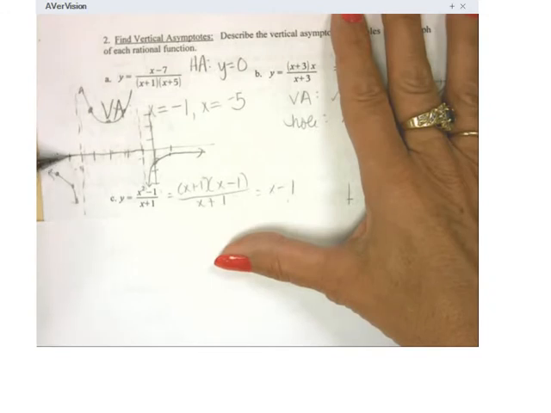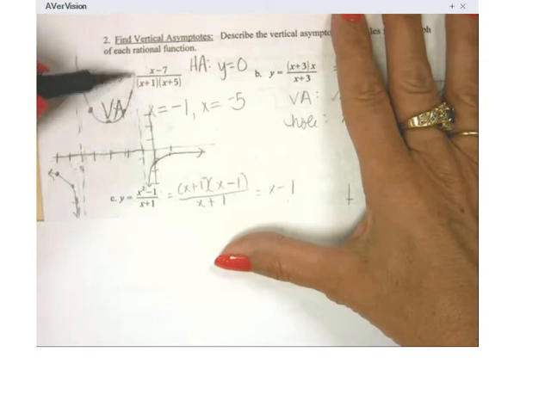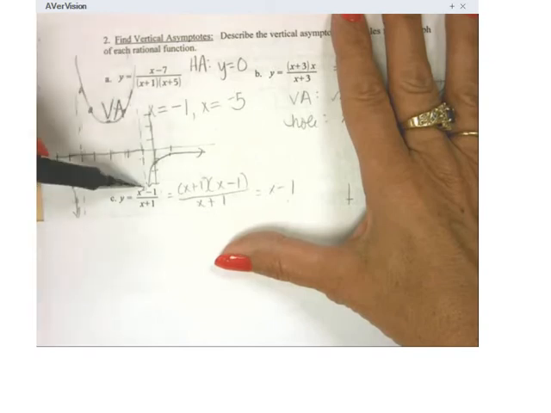Now, in order to get the rest of the graph, I plotted a whole bunch of points. I plugged in negative 7 in place of x. I plugged in negative 6 in place of x. And then I found that if I plugged in values that were in between negative 6 and negative 5, those values were going to get very small in the negative direction. And I basically had a branch that was here.